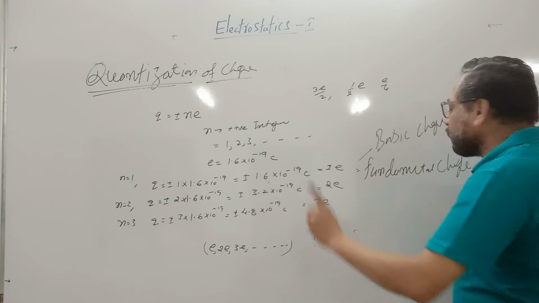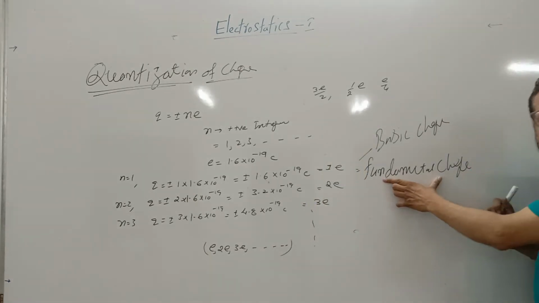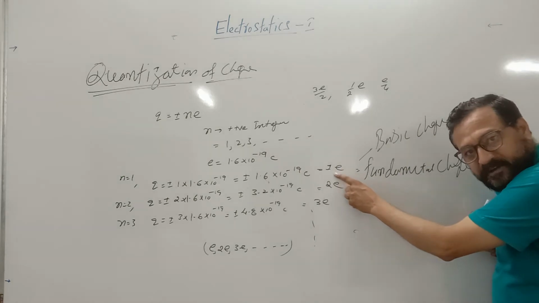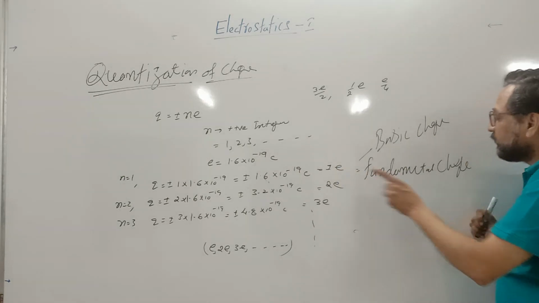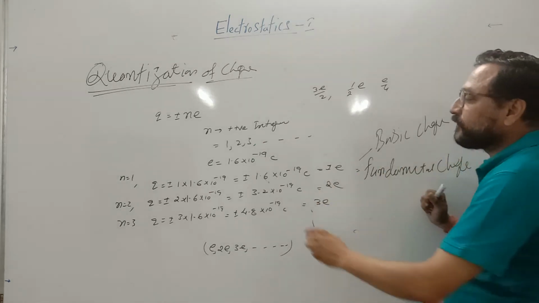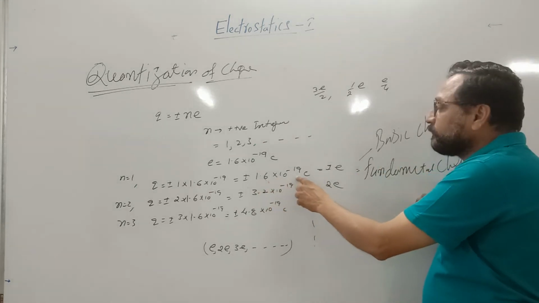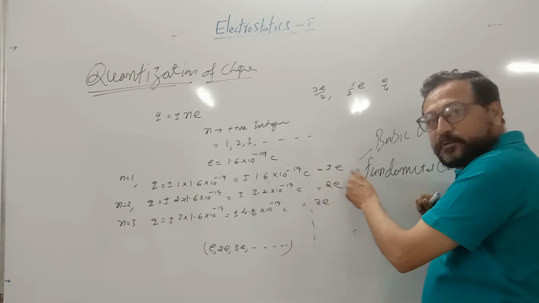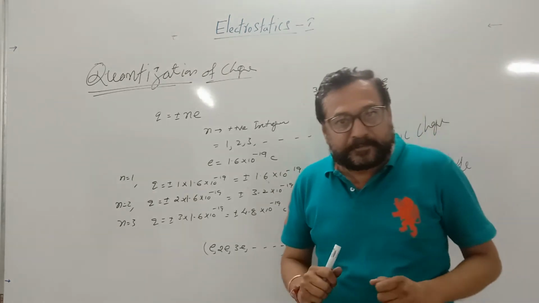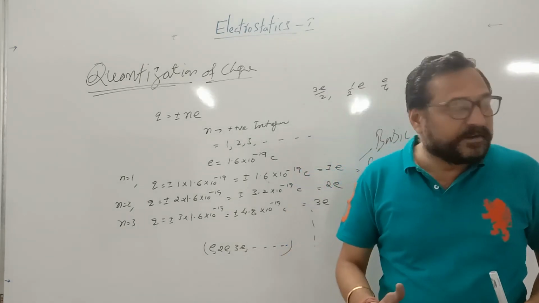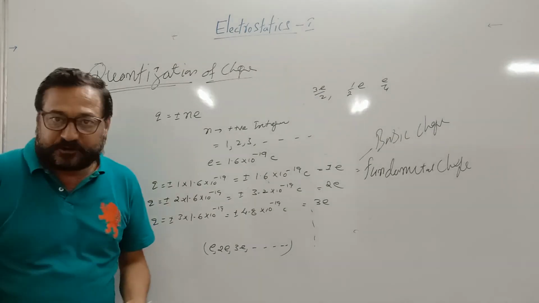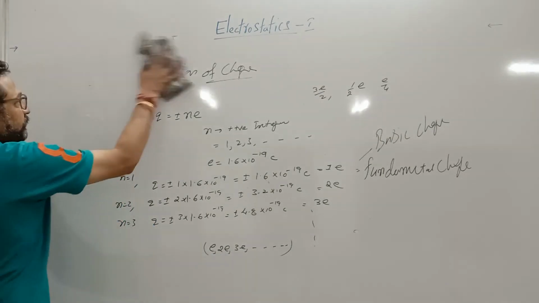That single charge of the electron is called fundamental charge. Again we define: the least possible value of charge on a body is called fundamental charge or basic charge, and its value is 1.6 × 10^-19 coulomb. We discussed what quantization means and how much charge a body can have.